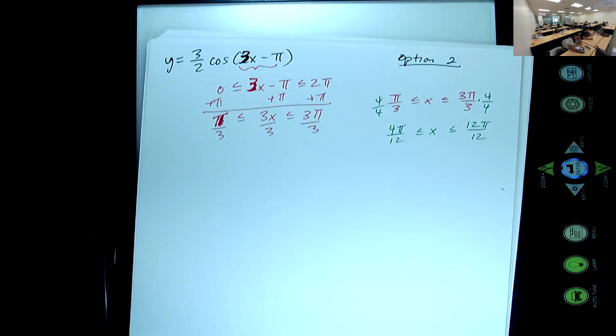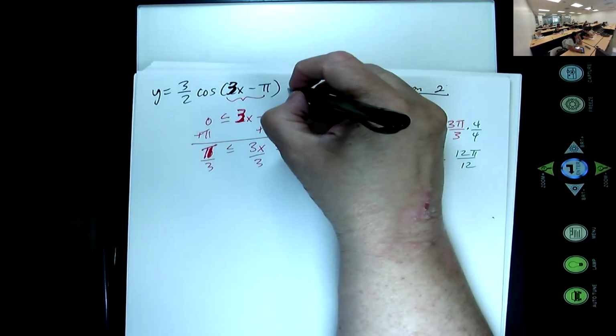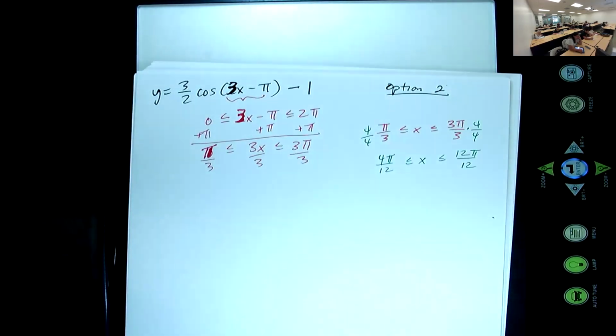Oh, let's add in a -1 up here at the end of that. We might as well have something on it.